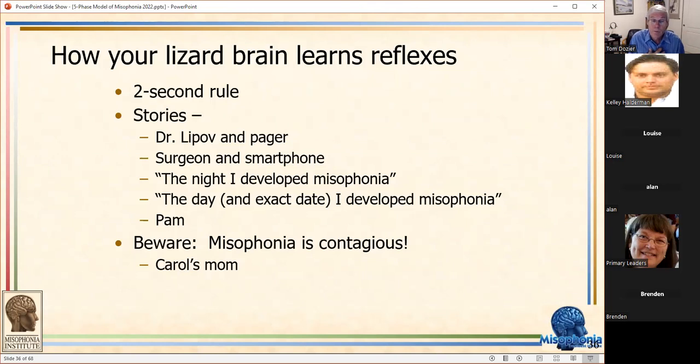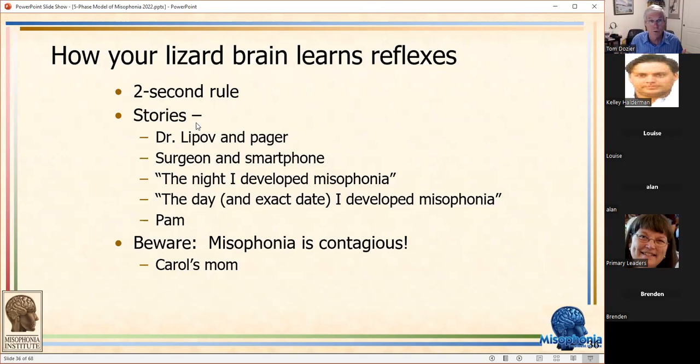So because it was a breath, when her lizard brain heard the chicken squawking, she stopped breathing. And so all she had to do is breathe. So she just started breathing in and out. When the chickens were squawking, keep breathing.